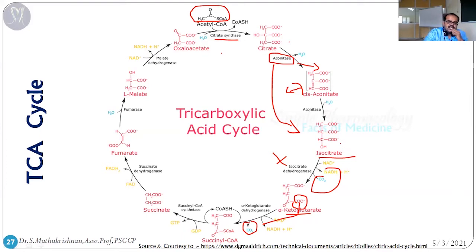In the isocitrate to alpha ketoglutarate reaction also, a carbon molecule, CO2, is eliminated, so it's converted into alpha ketoglutarate. In the second step, this carbon dioxide is released, so it's finally converted into the succinyl-CoA.